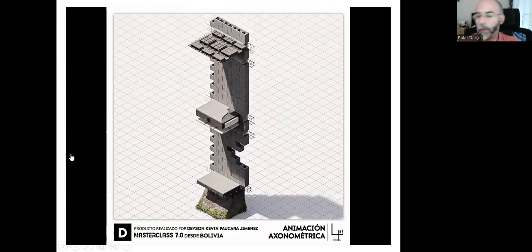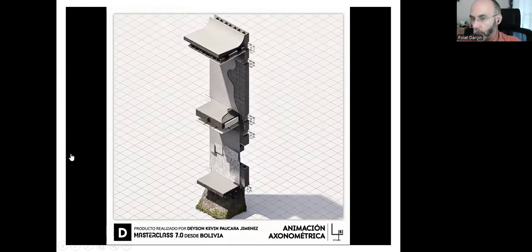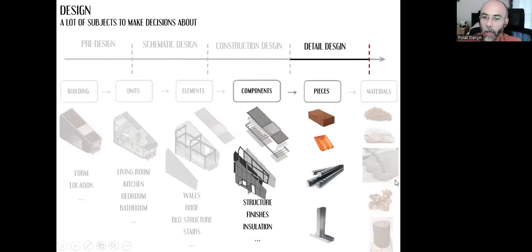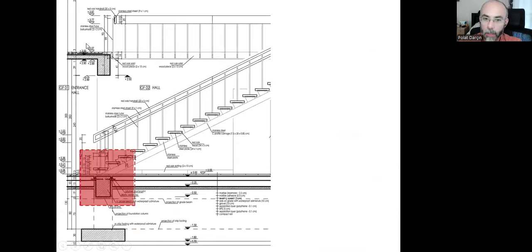Of course, we can create different types of documents, but mostly, again, we use plans and sections so that they can understand the connections. And this time, the scale changes. We can either do 1 over 20, 1 over 5, or 1 over 2. Something like this. Here, this drawing is 1 over 20, and it looks detailed enough.